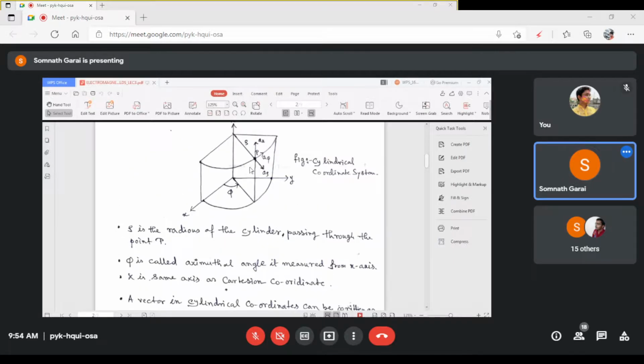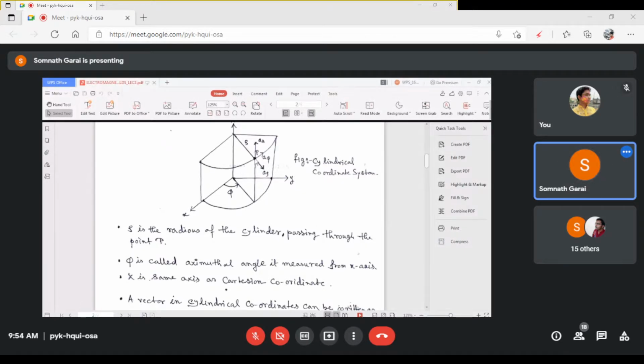Now this is the direction of the unit vector a rho, starting from the origin and going towards the circumference of the cylinder.